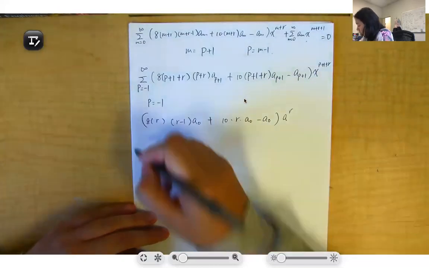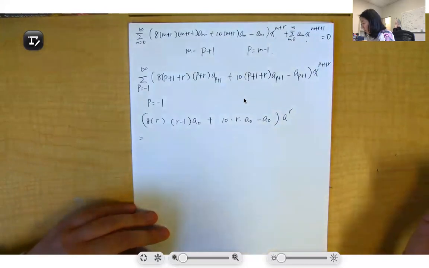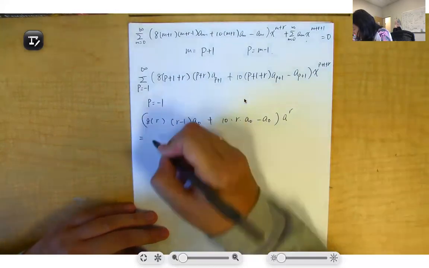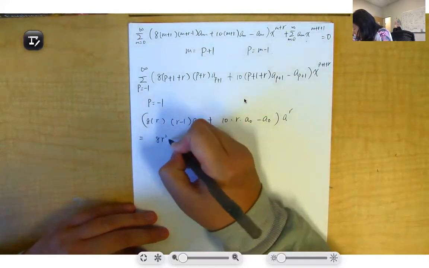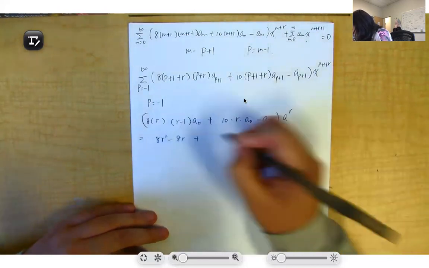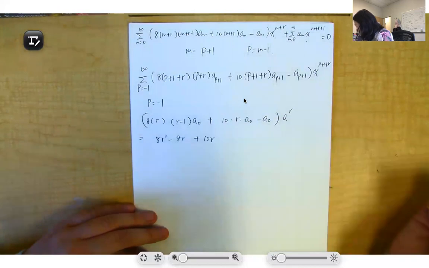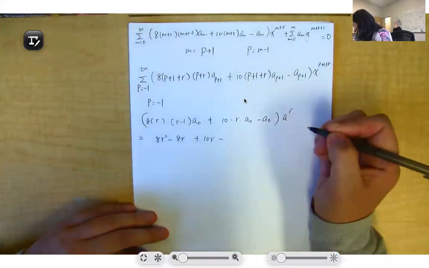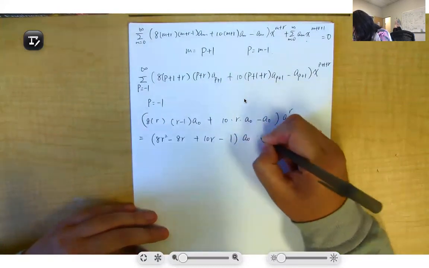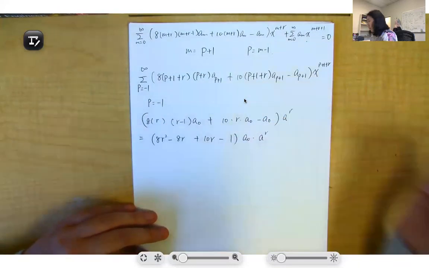Then what do we get for the p equals minus 1 term? It will be equal to 8r squared minus 8r plus 10r minus 1 times a_0 times x to the r.